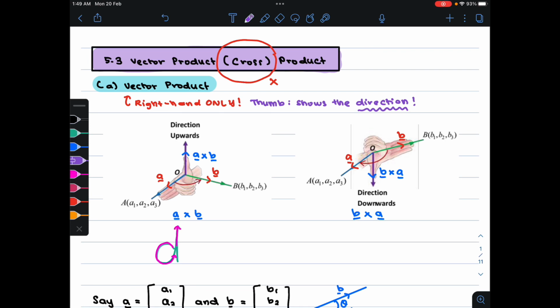This means that when you do the vector product and it goes anti-clockwise, the direction of your vector product is upward. Next, if you use the letter P, when the rotation is clockwise, you can see that it goes downward. So this means that when it is clockwise rotation, the direction of your vector product is downward.